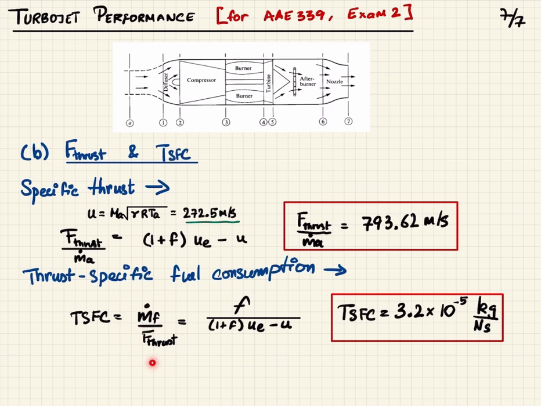And if you work this out, this simplifies to the fuel-to-air ratio by the specific thrust. So when you plug all of these numbers in and solve for it, we find that the thrust-specific fuel consumption for this particular engine is 3.2 times 10 to the negative 5 kilograms per second of fuel per unit of thrust that it produces. That's the end of this problem. I hope that you find this useful.